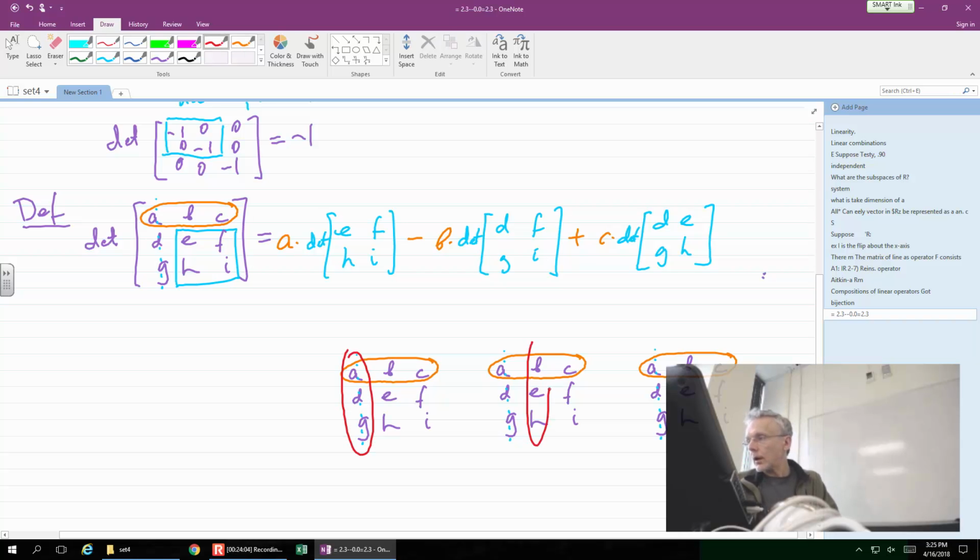You see how I'm moving from left to right, and every time I'm left with a 2 by 2 matrix. So this is 2 by 2, here also 2 by 2, and here also 2 by 2, and I write them over here. I take those determinants, and then the coefficients will come up also. This is what I'm concentrating on, like this.